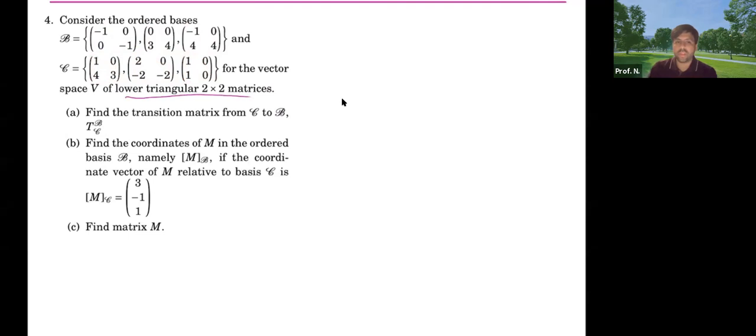They're all zeros. So I want to find the transition matrix from C to B, right? So C is the old here, and B is my new. So remember we did this with upper triangular matrices. So this here, -1, 0, 0, -1. And then we have 0, 0, 3, 4.